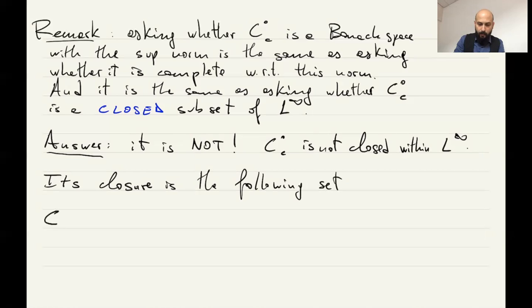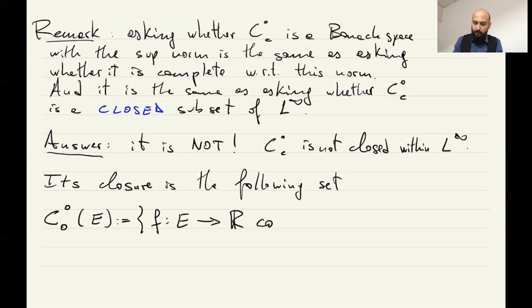Okay, we will call it C0 with a 0 at the bottom, which stands for vanishing at infinity, going to 0 at infinity. What does it mean, infinity? Infinity is outside a compact set. So, right, let me be rigorous. So this is the definition of a set, and then we will prove that this statement is true.